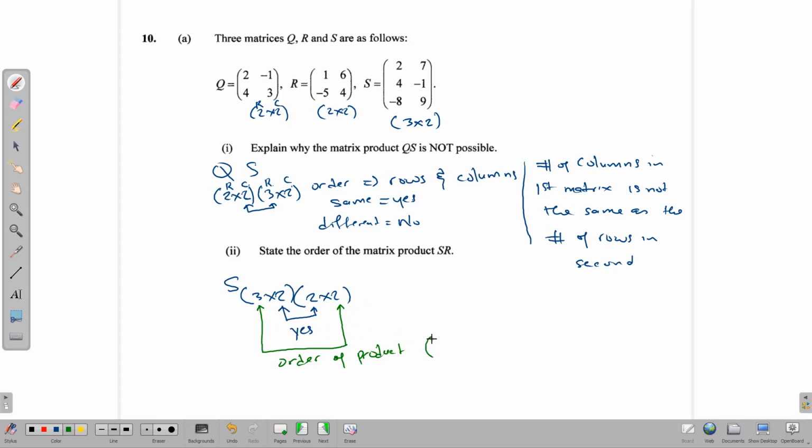So the order of the product will be 3 by 2, meaning that the product will look like S. It will have 3 rows and 2 columns, just like S. The order of the matrix is the number of rows and columns that it has. The order of the product is the number of rows and columns that your answer matrix will have. So this is exactly what that is talking about.